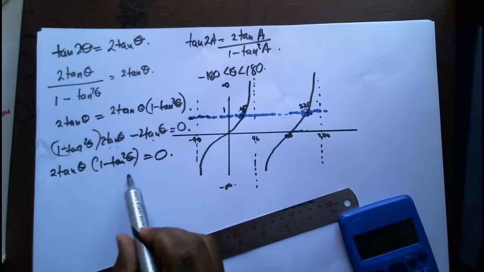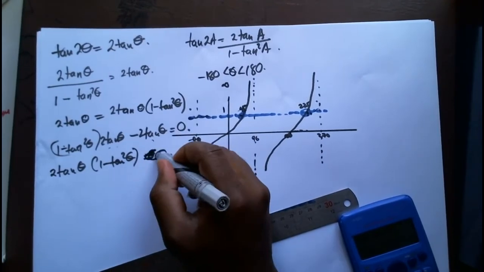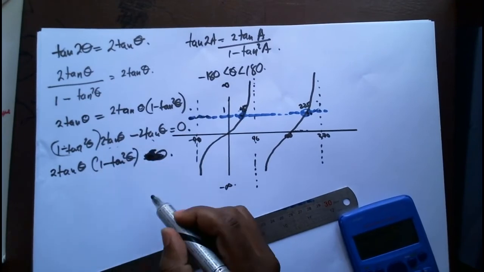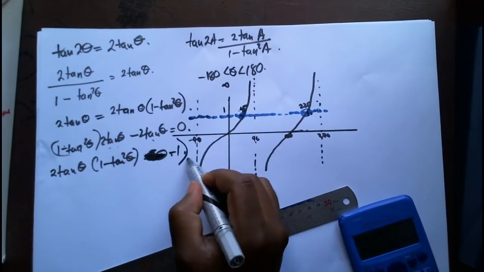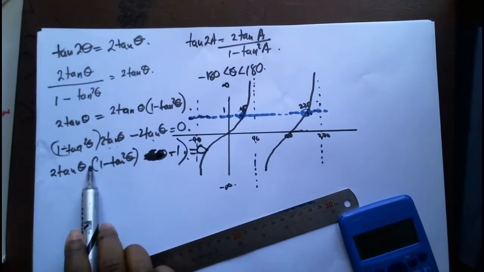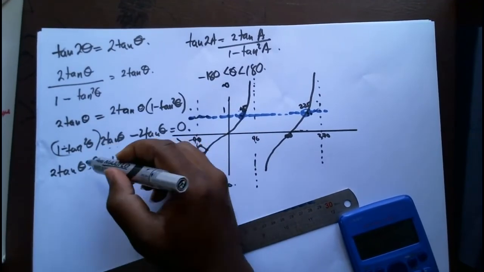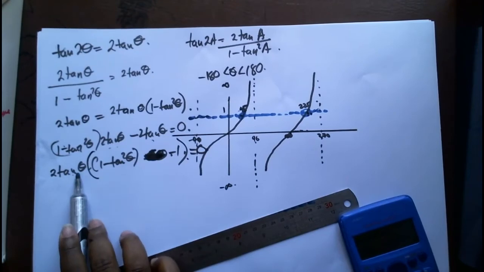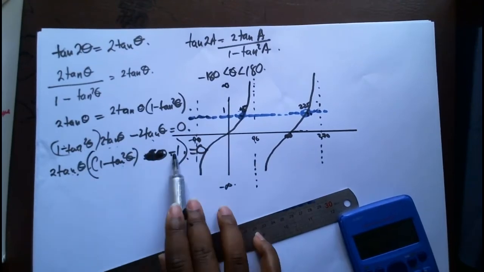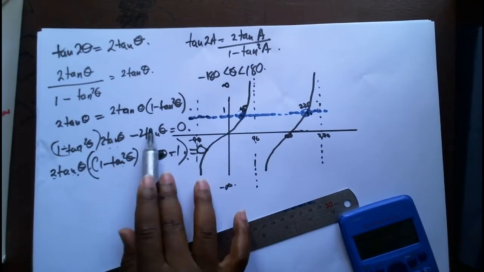Sorry, let me see. I'm left with this 1, and here it's minus 1, is equal to 0. Because in this case, I've taken out 2 tan theta, then I'm left with this minus 1, because when I took out 2 tan theta, I'm left with 1 here.